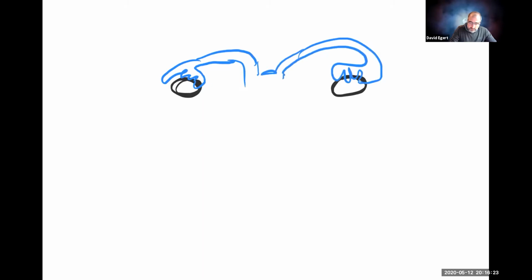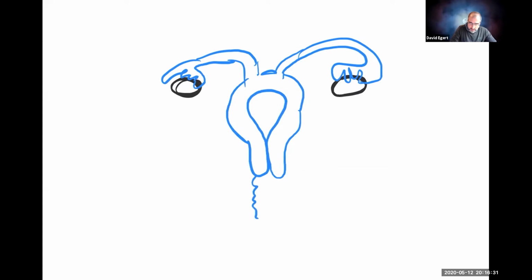This is kind of a stinky picture here. So this is kind of more now of the, so let's say this is the vaginal opening here.